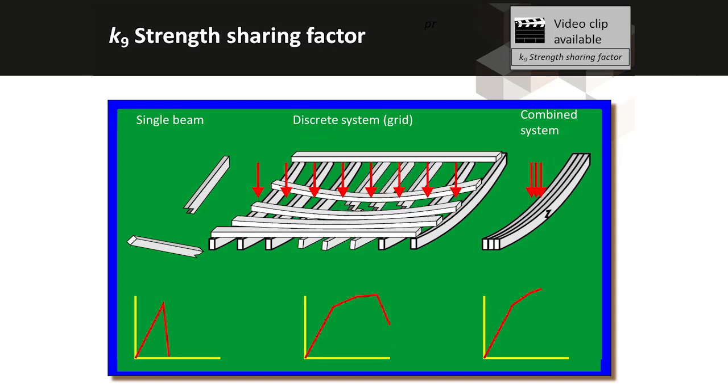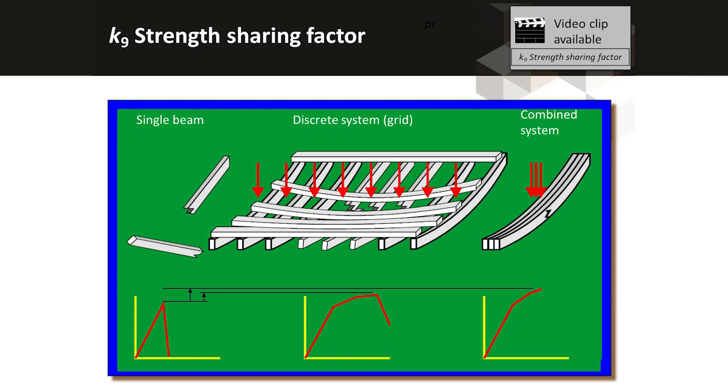In the discrete system, the sharing isn't quite as efficient as it is in the combined system, so after a while the others are overloaded and they start to fail, whereas in the combined system it can go on a little further. The result of this is that we get an increase in strength of the whole system because of the value of that strength sharing.